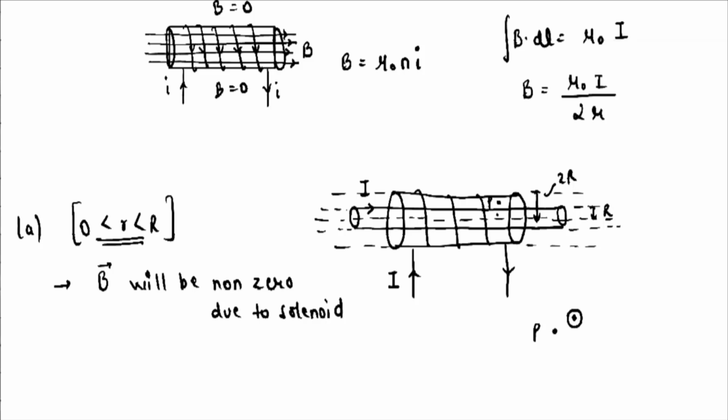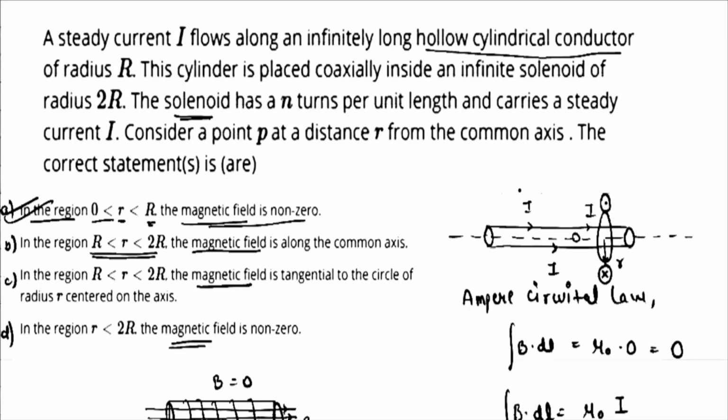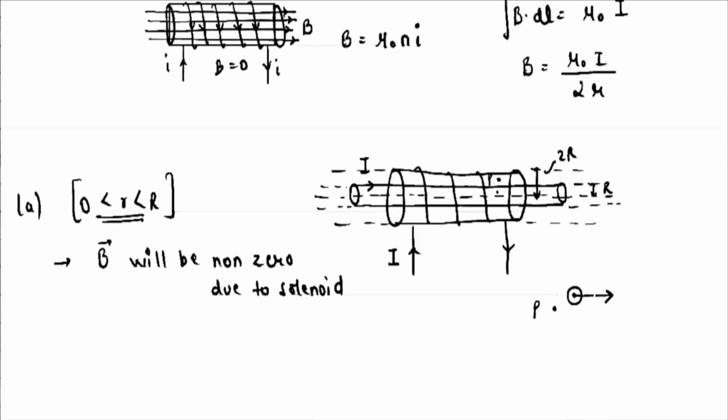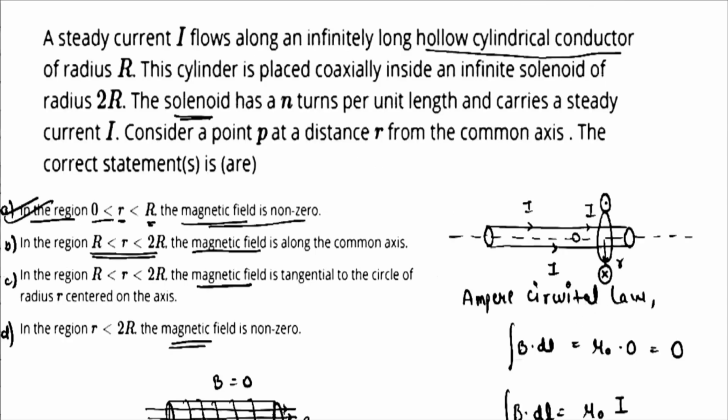It will be coming out of the plane or the screen, and due to the solenoid it would be along the right direction, right? So we can say that the magnetic field will not be along the common axis because the resultant field would be somewhat cross magnetizing, and it will not be along the common axis. Hence the given statement B is false.